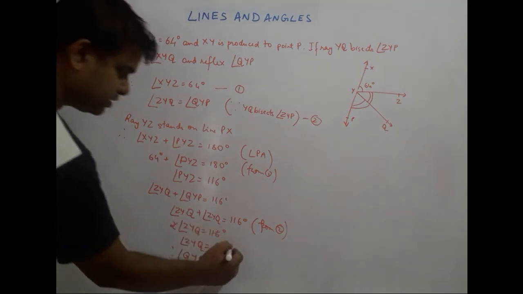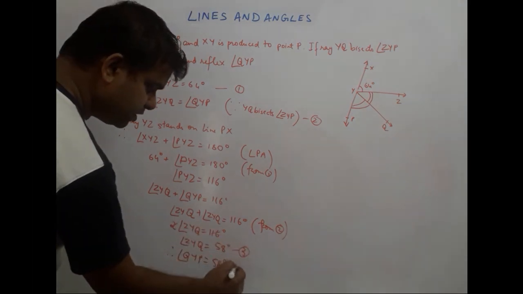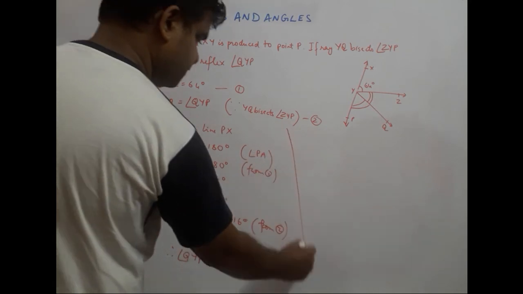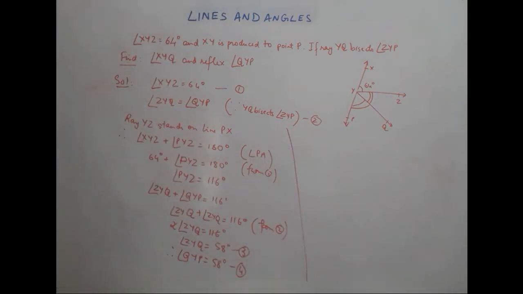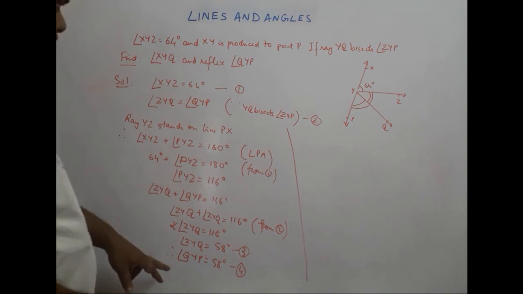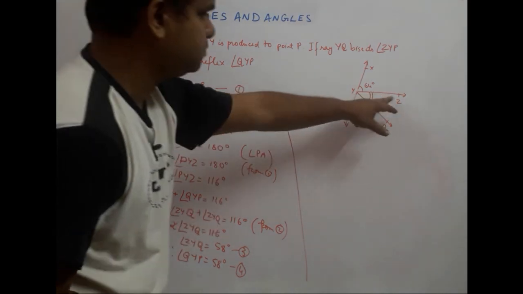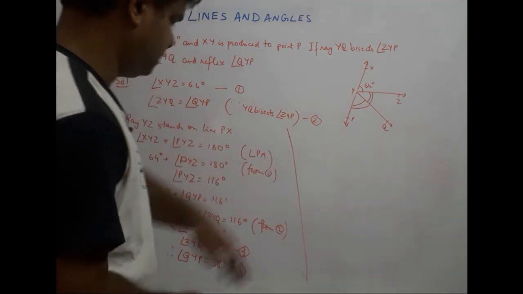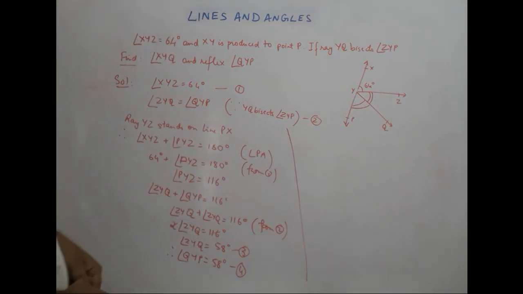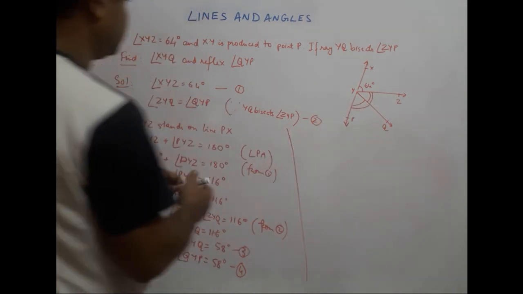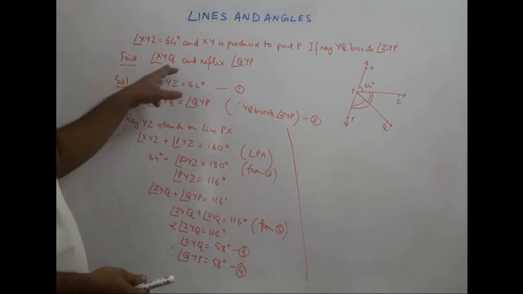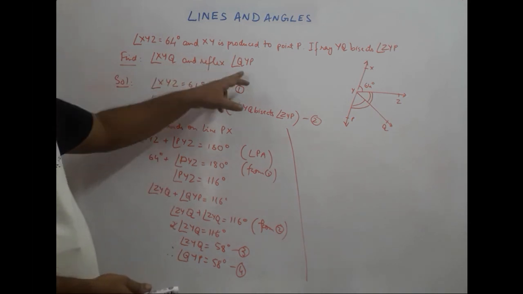Now we can mark this as 3, we can mark this as 4, and I will continue over here to end the problem. So we have got now ZYQ and we have got QYP. As per our problem, we need XYQ and the reflex of QYP.